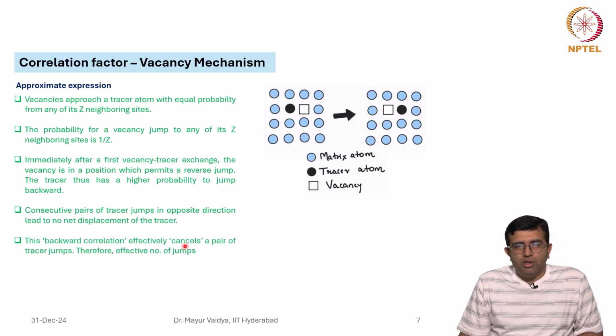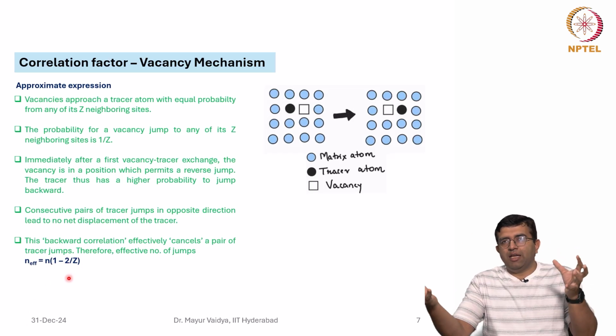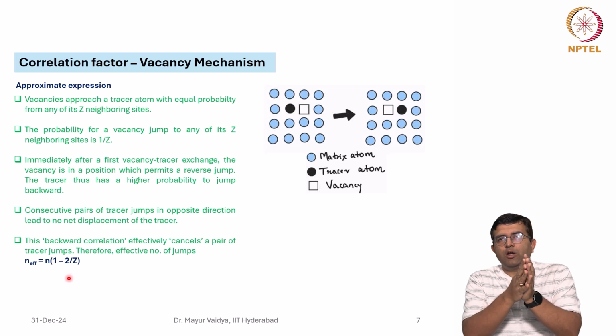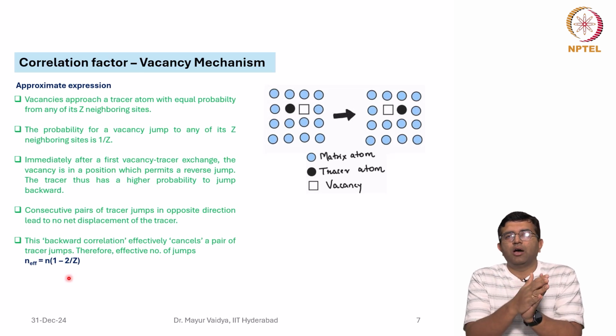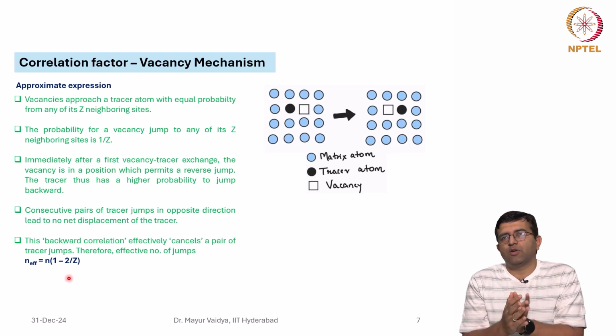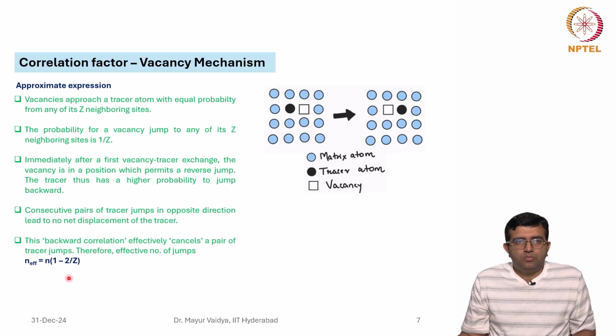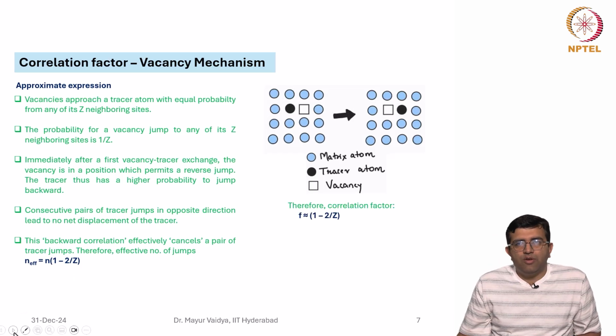So, the backward correlation effectively cancels pairs of tracer jumps. Therefore, the effective number of jumps is equal to n into 1 minus 2 by z. The tracer made n number of jumps, but the jumps which actually caused a net displacement are reduced by a factor of 2n by z. And the correlation factor is therefore written as f approximately equal to 1 minus 2 by z.